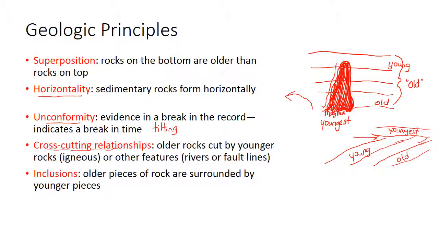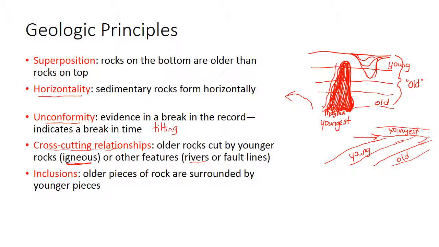So this is an example of igneous rocks, magma coming up, hardening in between those rocks. Other features, like a river, you might get on the surface. A river starts to cut away at the rock layers, cuts through. Okay, again, that's a cross-cutting process, and so the river is younger than those layers.